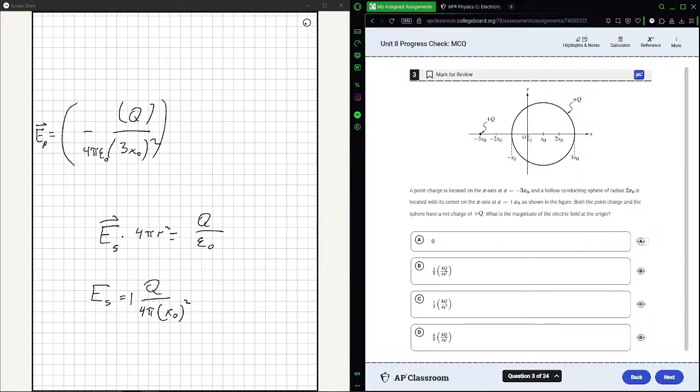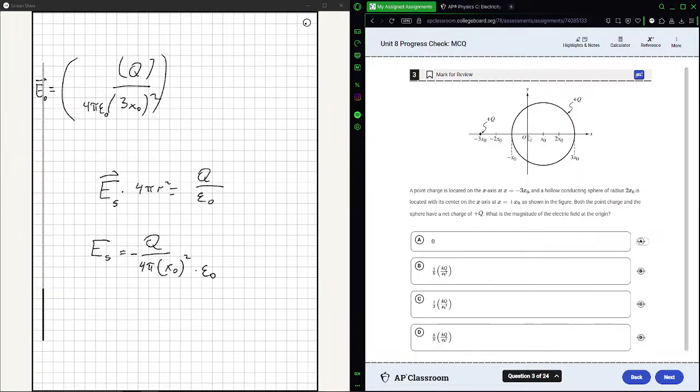Okay, and since that's positive, shoot, this is the wrong direction. Since that's positive, it's going to push it in the negative direction. So we're going to add these together. Q over 9 times 4 is 36 pi epsilon naught x0 squared, plus, minus Q over 4 pi epsilon naught x0 squared.